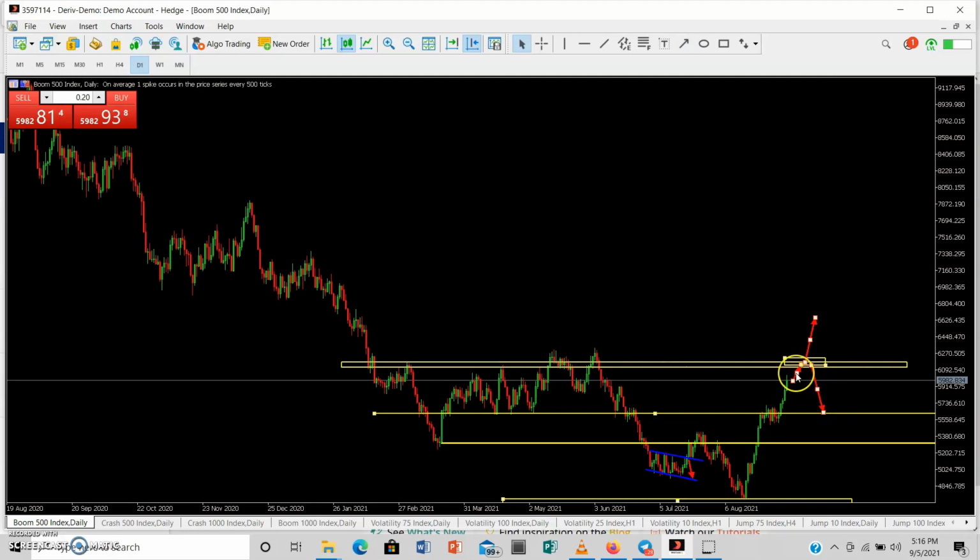But for now, looking for buy opportunities throughout the week would be best. Buy opportunities for Boom 500 throughout the week would be best up until we reach this resistance zone. Then new major decisions will be made by the market.